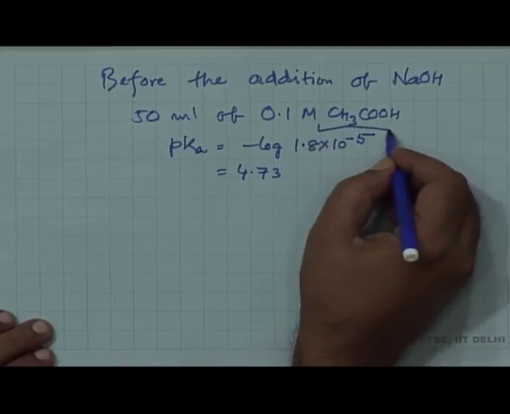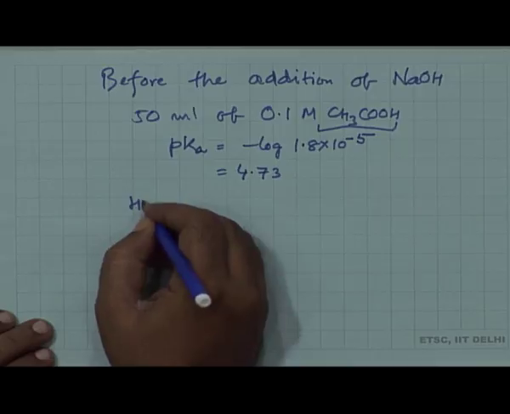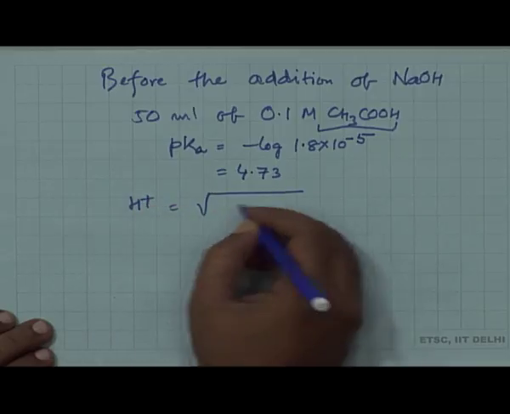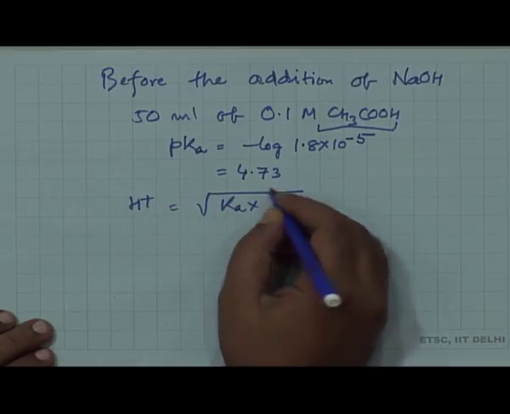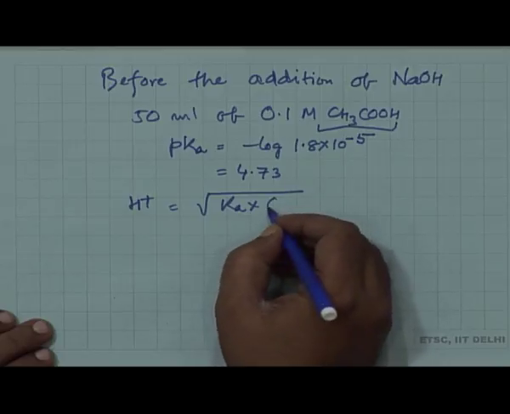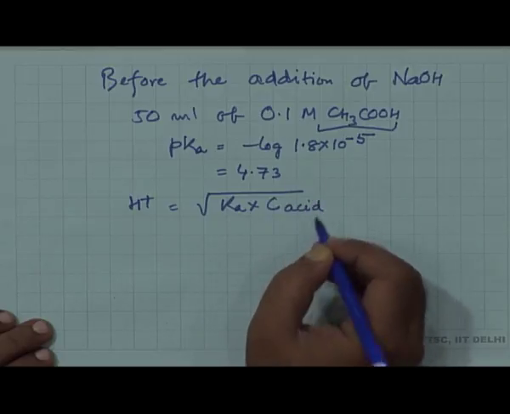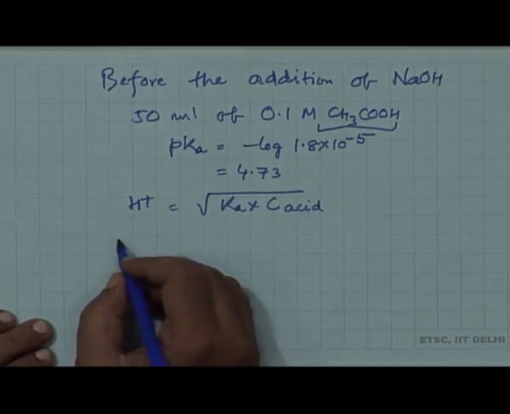We know that this is a weak acid, so H plus will be given by the square root of Ka into the acid concentration.